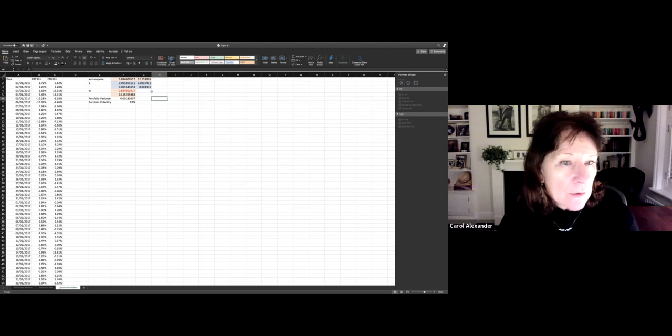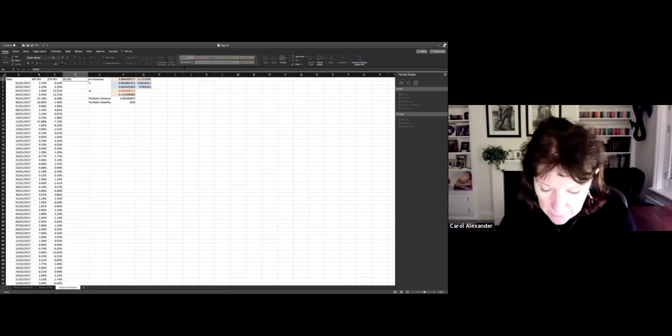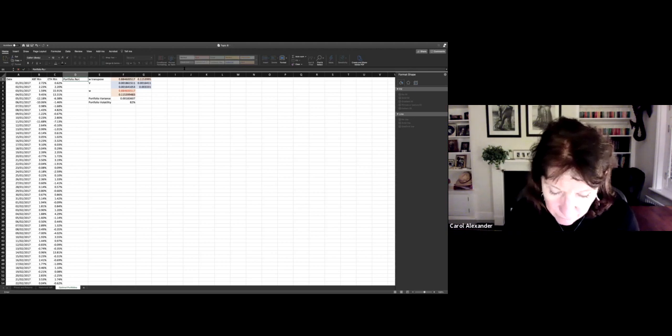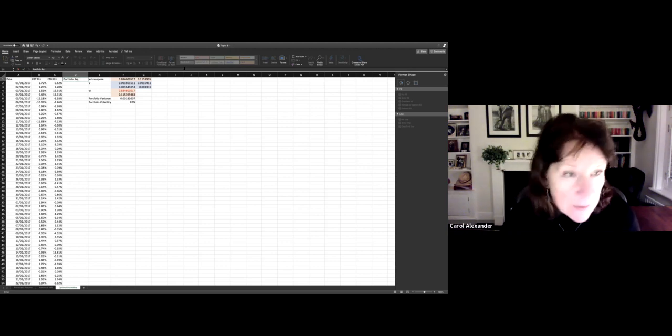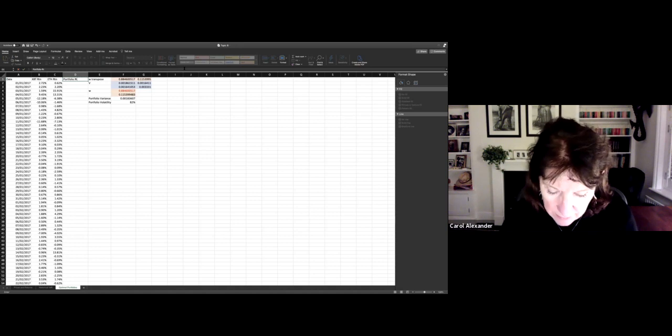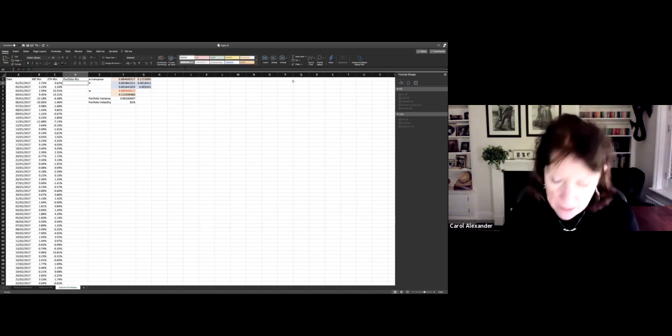And now we can find, for example, the Sharpe ratio with the resulting portfolio. So let me look at the portfolio return. I need to get a time series for this in order to get the Sharpe ratio.